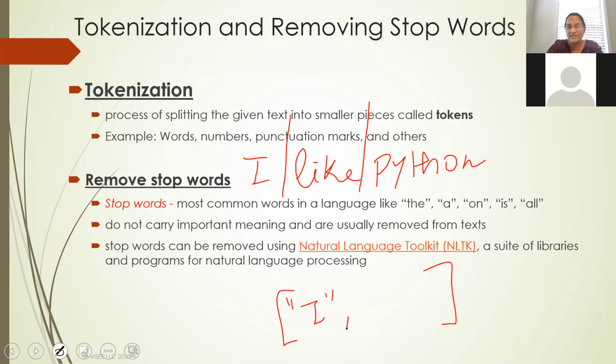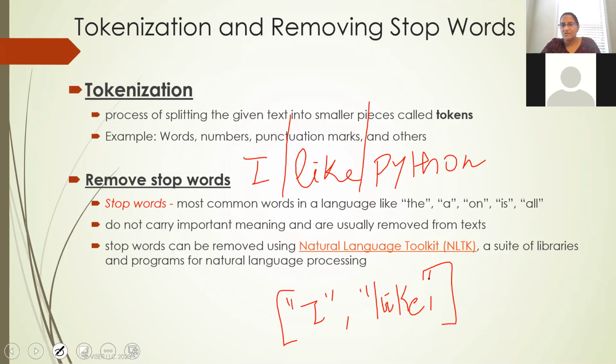So if I tokenize this, it will be something like this. It will be a list, or in other words, a group of words which are split into individual values.